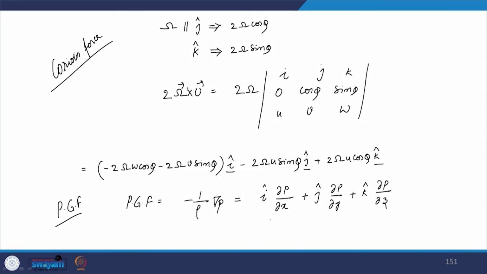Now, the gravity, which is in itself a combination of the gravity acting towards the center of the earth plus the centrifugal force, which is pulling the object away from the axis of rotation, or acting perpendicular to the axis of rotation. We combine these two vectors and call it the effective gravity, which is of course in only one direction, the negative z direction.